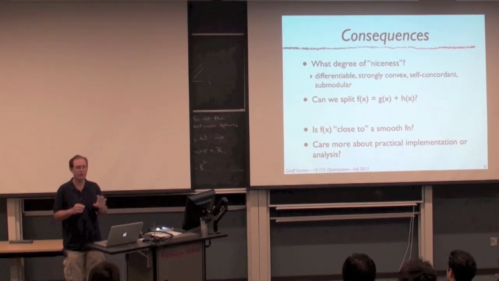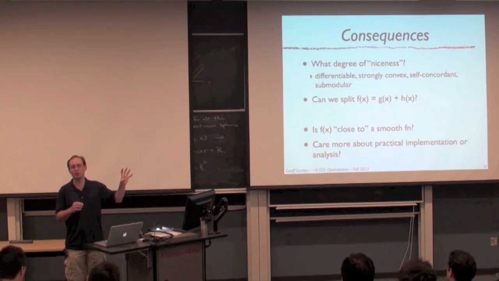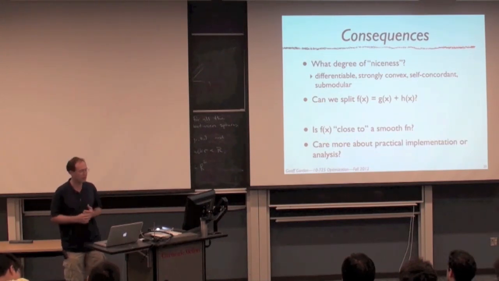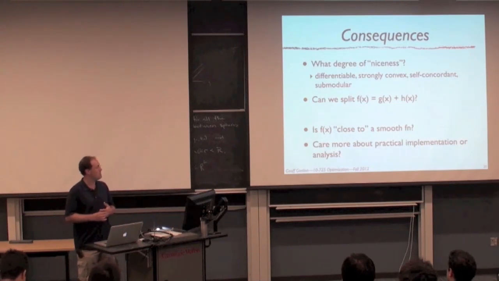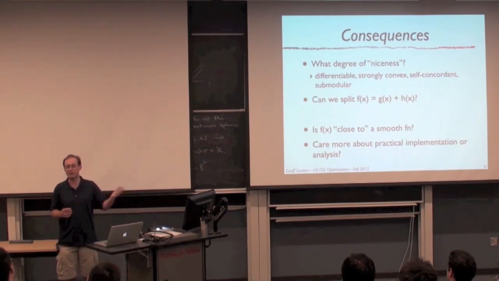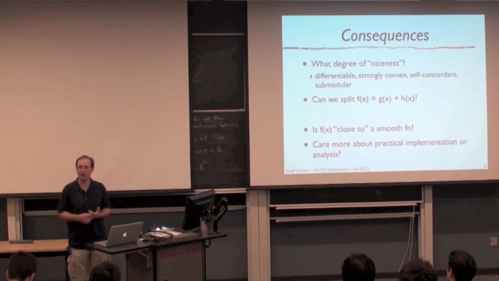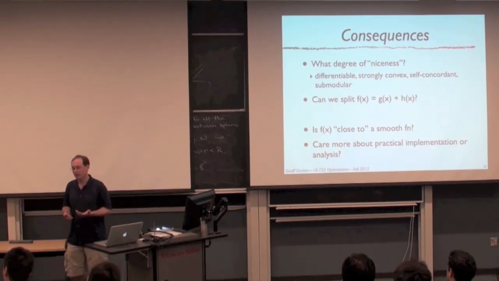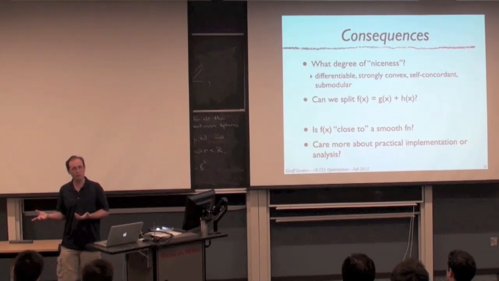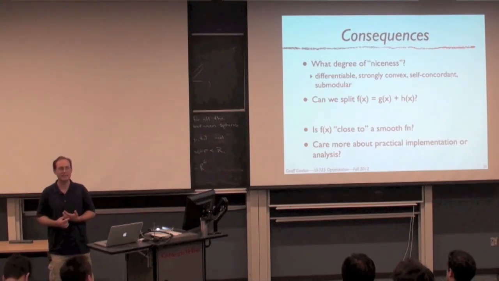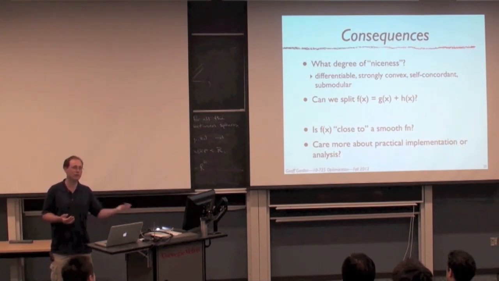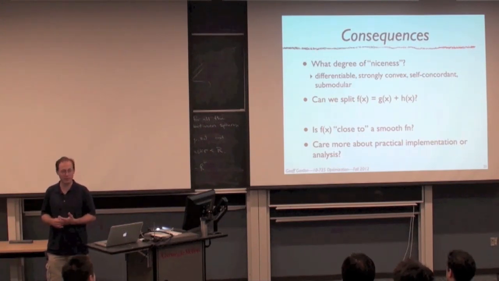So f is your objective, and let's say you can split it into a part that's nice for one reason and another part that's nice for another reason. That's often a helpful thing to be able to do. Maybe f isn't nice itself, but maybe it's close to a nice function in some way. That can be important. And also, it turns out that there are a lot of interesting theorems you can prove using optimization techniques. And the optimization techniques that you want to use in the theorems are maybe different than the ones you want to use in the actual implementation.